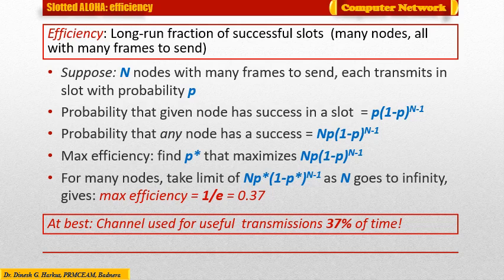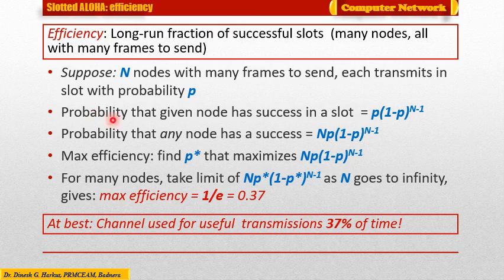As we have seen in the earlier figure, we can say the slot is successful when only one node is transmitting. Indirectly, it means that all remaining n minus 1 nodes are not transmitting. Hence, the probability that a given node transmits is P and the probability that the remaining nodes do not transmit is (1 minus P) raised to n minus 1.